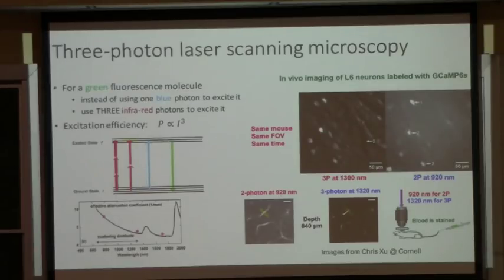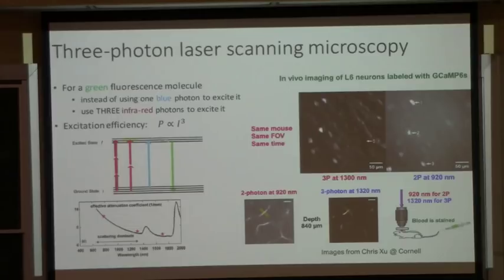Similarly to two photon, you can also do three photon microscopy. You use an even longer wavelength of photons to excite the fluorescence in your samples, like this one. And it, yeah. Sure. So what is the advantage of two photon, three photon scanning versus confocal?